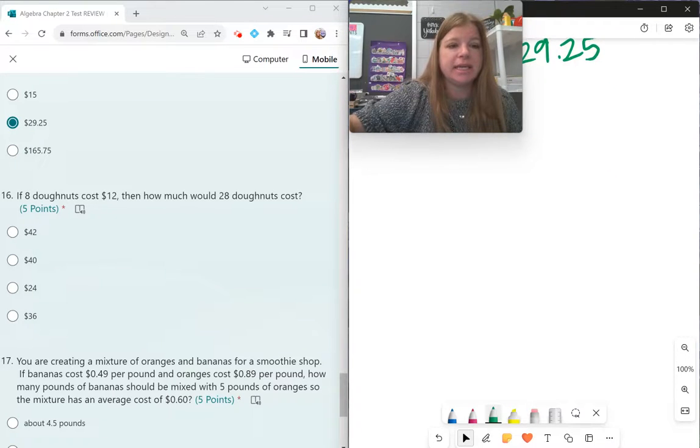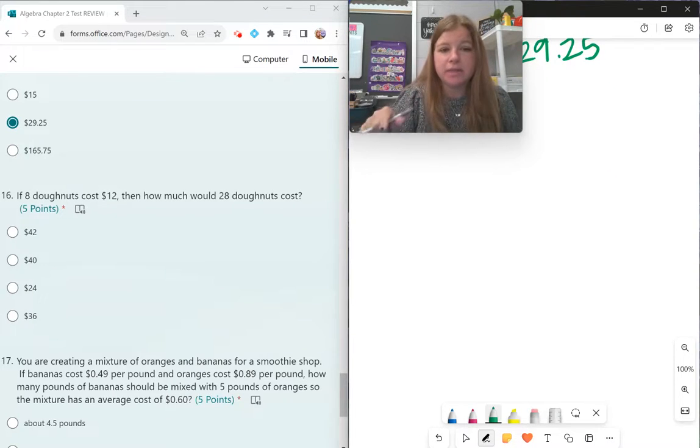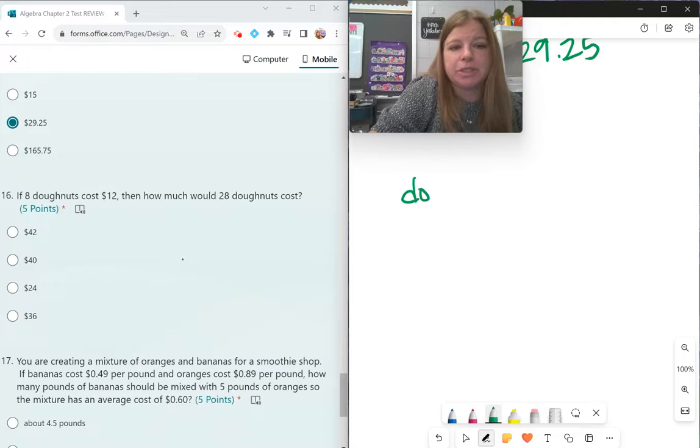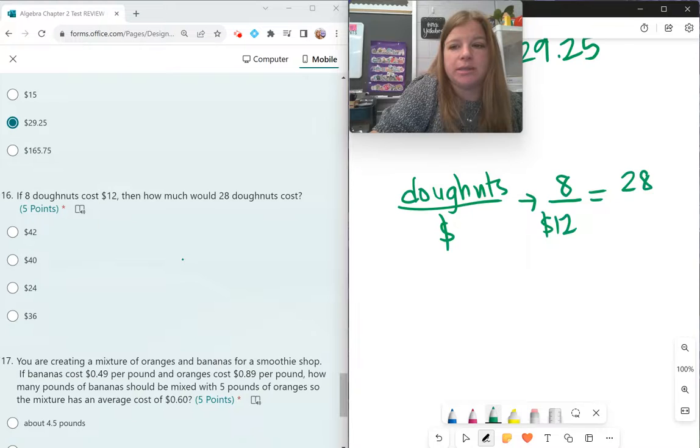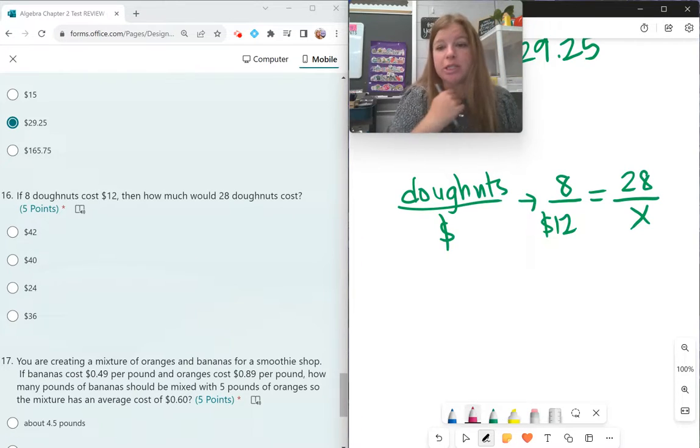Number 16, if 8 donuts cost $12, then how much would 28 donuts cost? So this is just a proportion for number 16. If I set up a proportion of donuts over cost, this would look like 8 donuts over $12 is equal to 28 donuts over how much money? When we solve proportions, we do cross products.